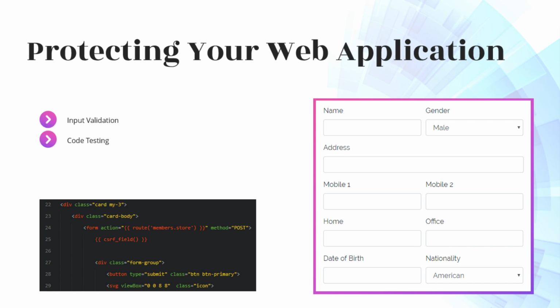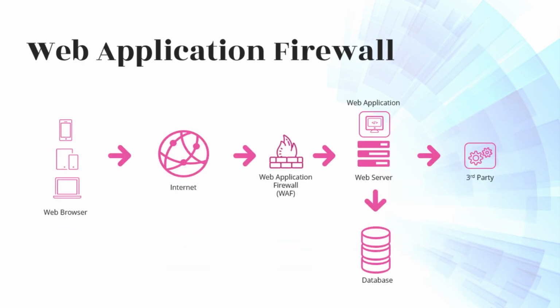One more thing I can do in order to provide an extra layer of protection against web application vulnerabilities is by introducing an appliance called a web application firewall, or a WAF appliance. This could be a physical device, or it could be a virtual soft device embedded in front of my web server.